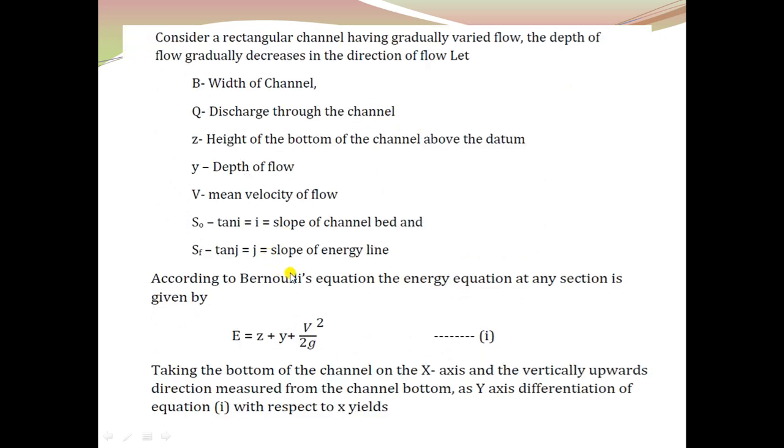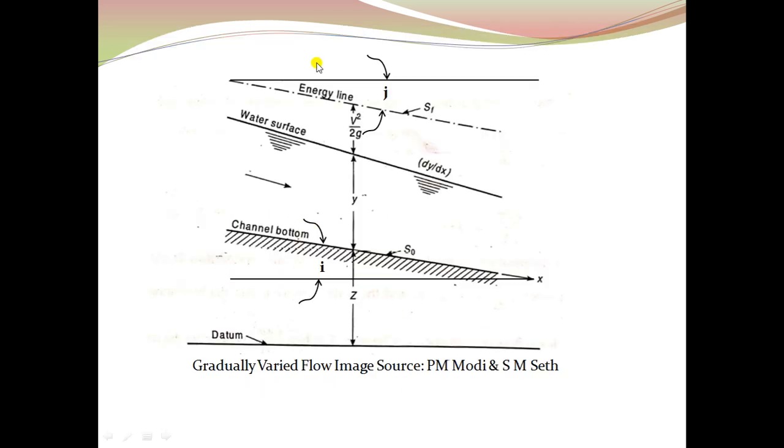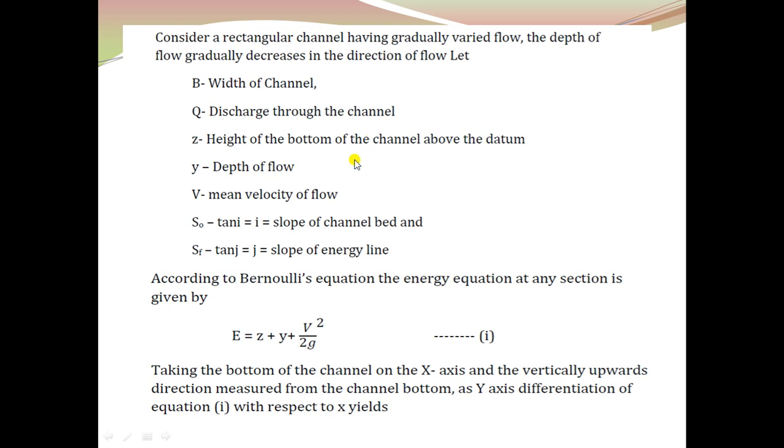Now if we apply Bernoulli's equation, which is the total energy equation at a section, the total energy at a particular section will be Z plus Y plus V square by 2g. The same thing has been mentioned here.